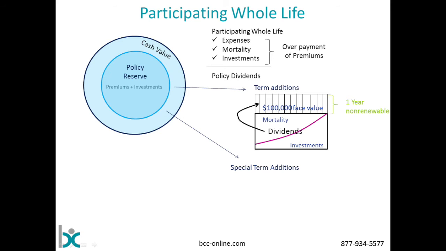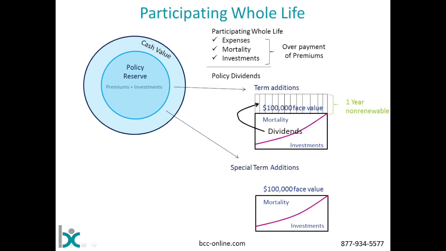I'm really not being rewarded for having built up that cash surrender value, or my beneficiaries are not being rewarded for my having built up that cash surrender value. So what about this? What if we could find a way to build this whole life policy such that at the point of death, your death benefit will be $100,000 plus the cash surrender value? Well, there is such an option available.